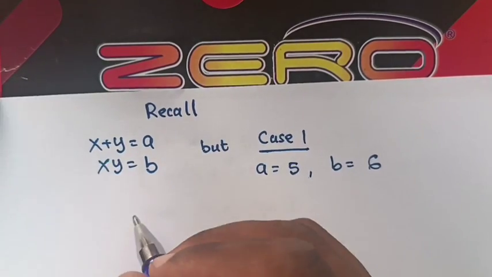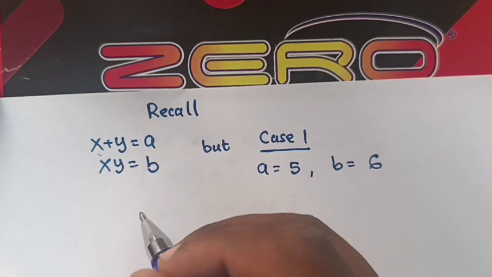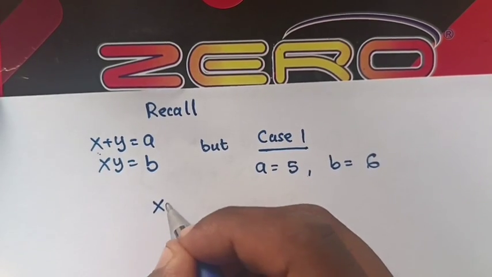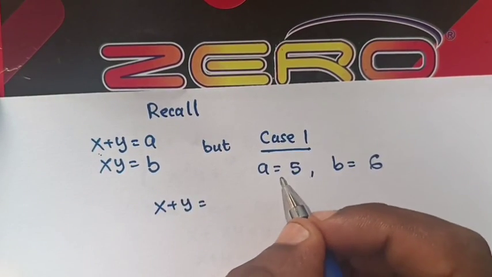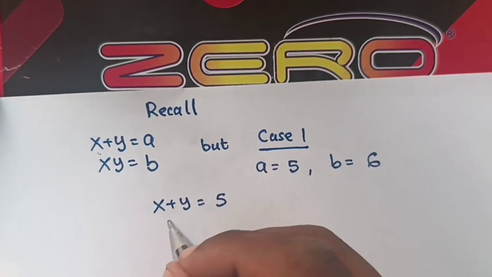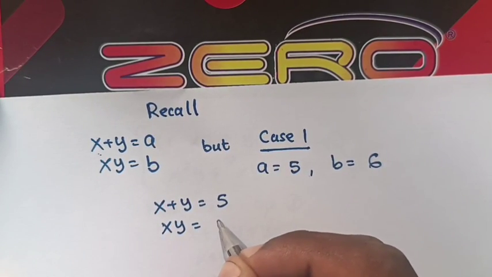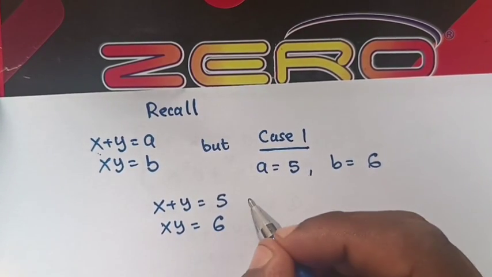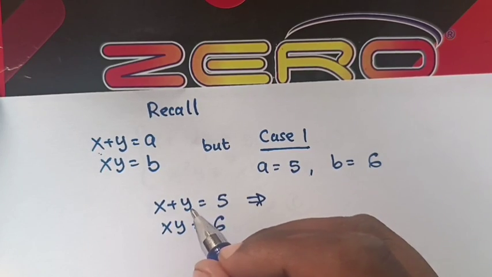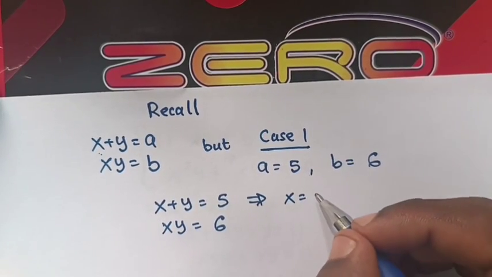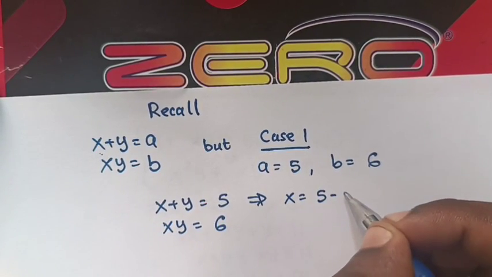So when we substitute into our equations, x plus y is equal to 5 and xy is equal to 6. Then here x will be equal to 5 minus y.